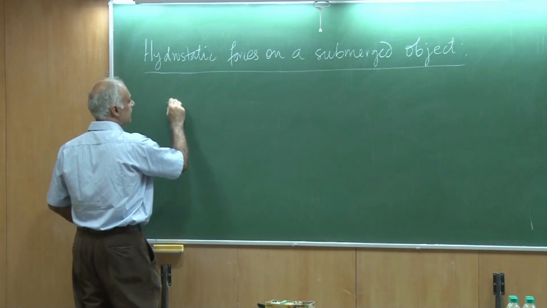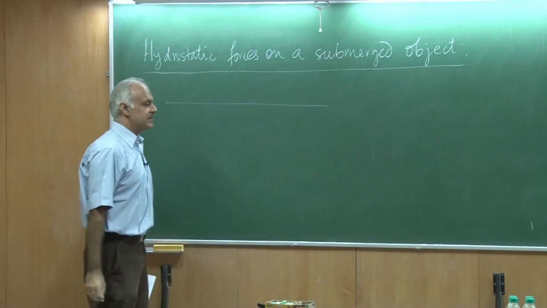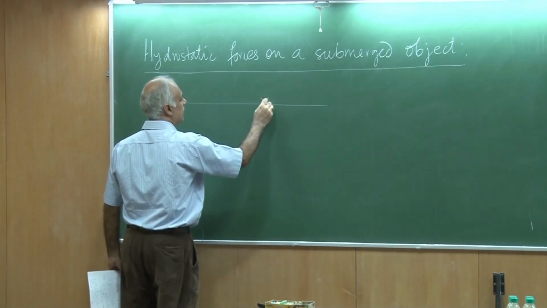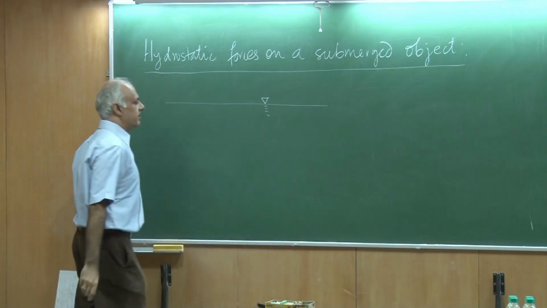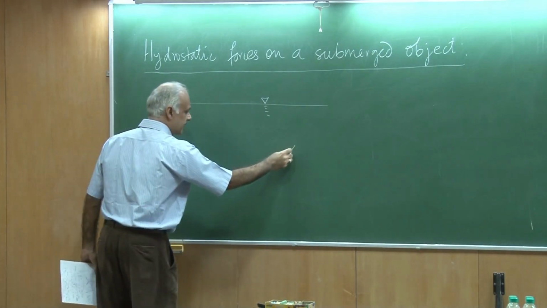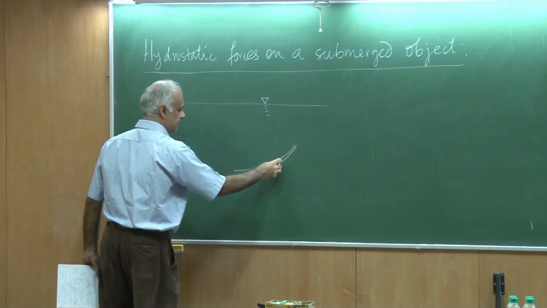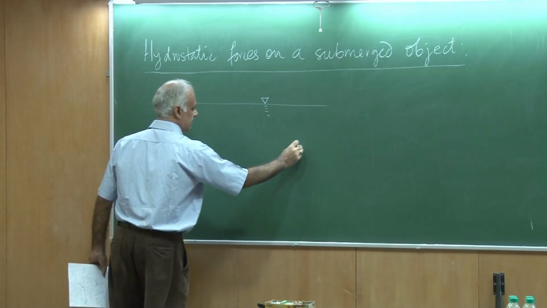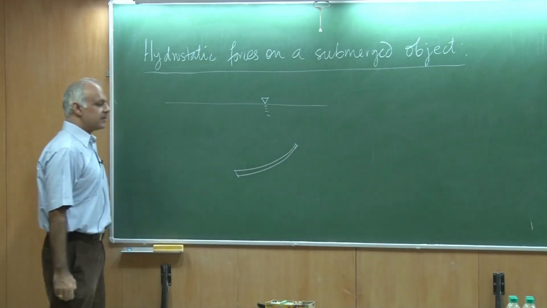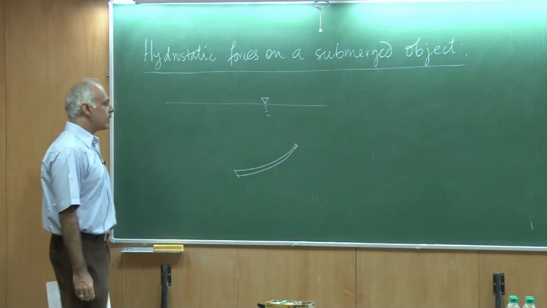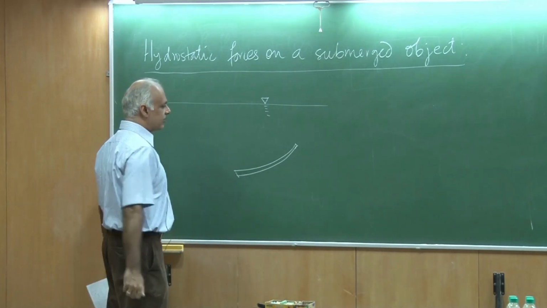We are going to assume that there is a free surface. So let's say this is the water level, and there is a certain object which is submerged in this fluid, and we are interested in calculating the force on it.